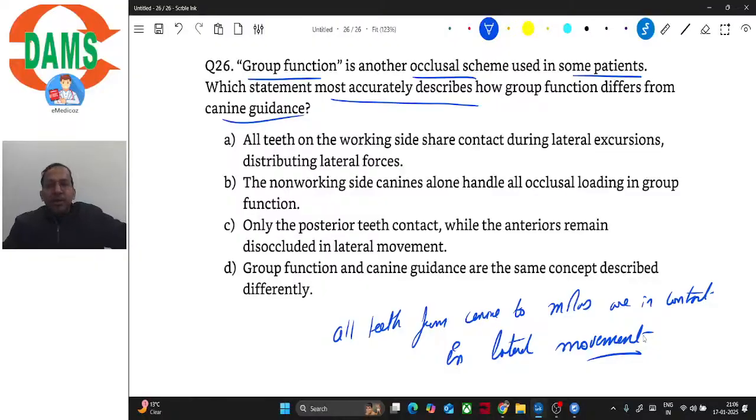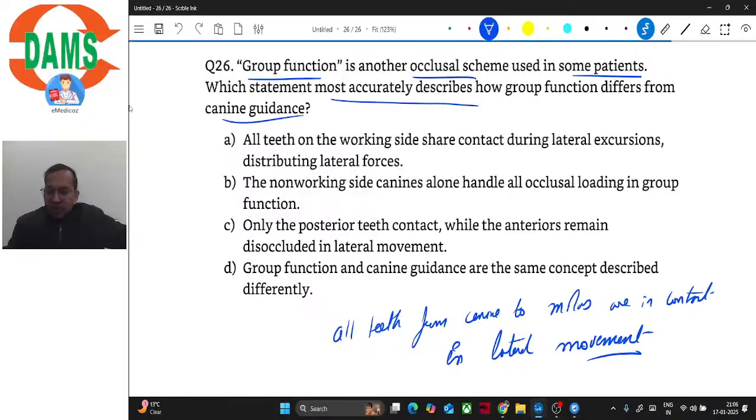Clear? So all teeth on the working side share contact during lateral excursions. So this is exactly what I have just described.